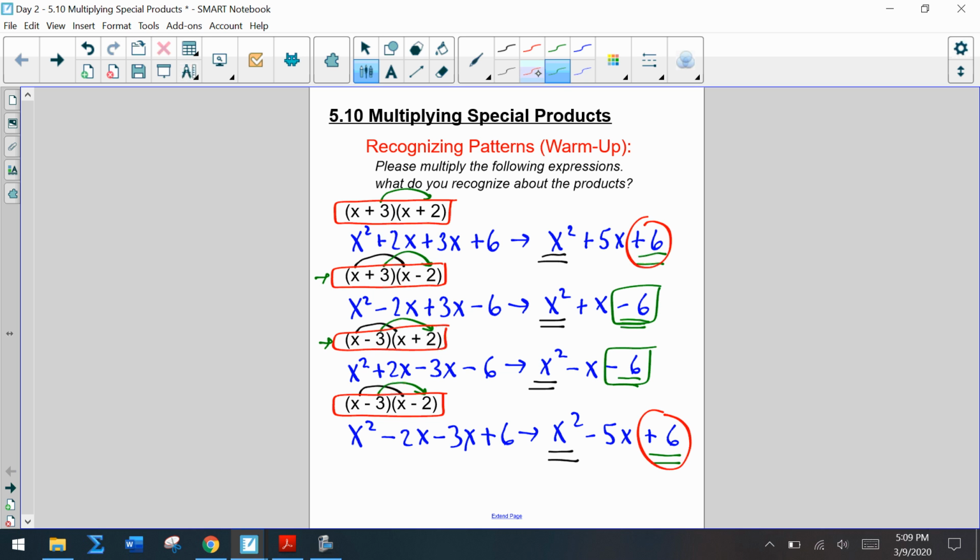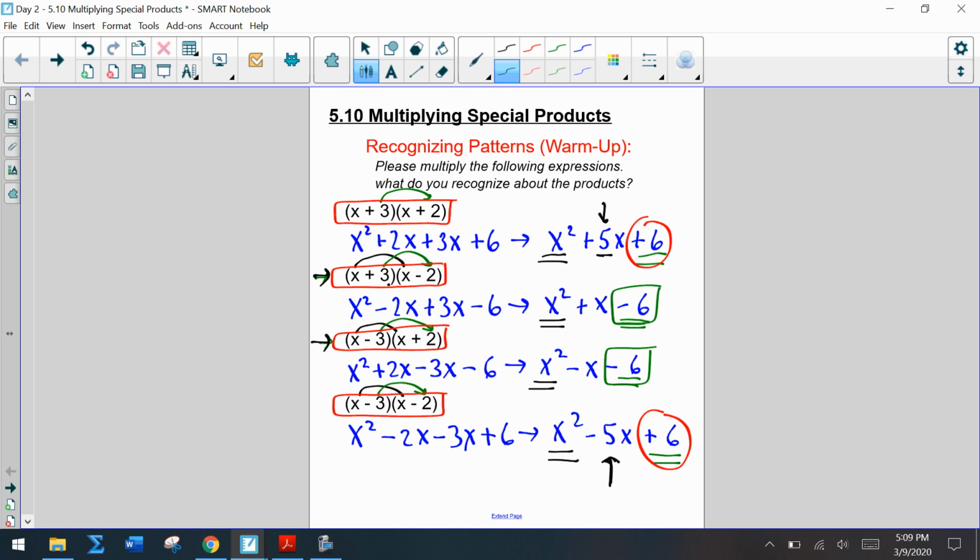And now if we look at the middle term, we have a 5x here and a -5x there. So what is positive 3 plus positive 2? Is it 5? Look at that. And how about -3 and -2? When you add those together, do you get -5? You do.